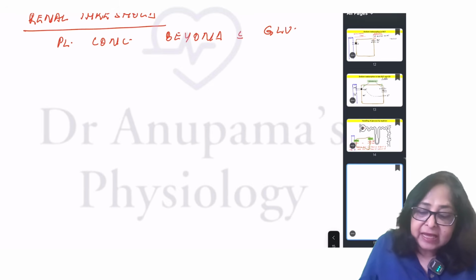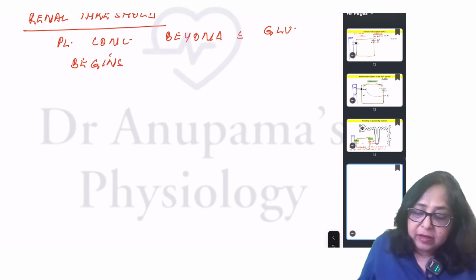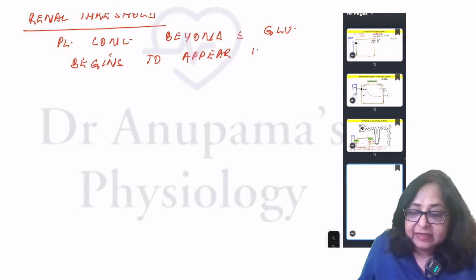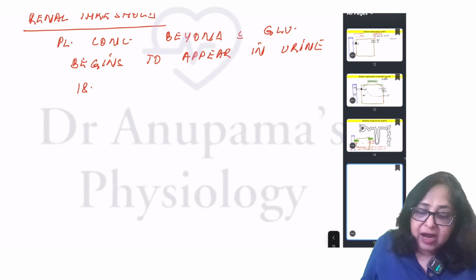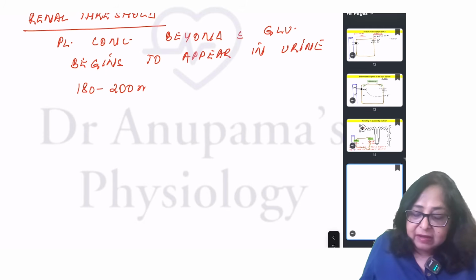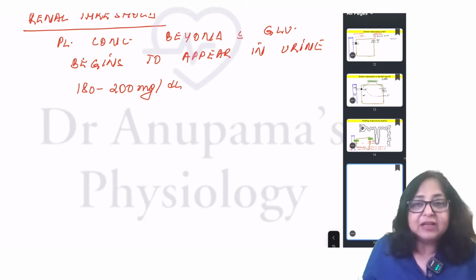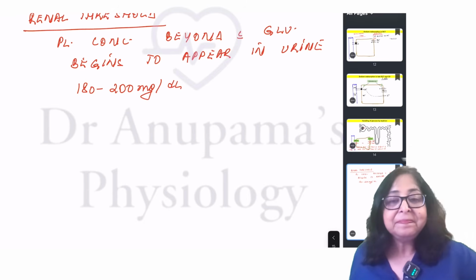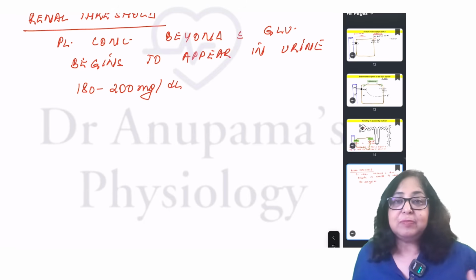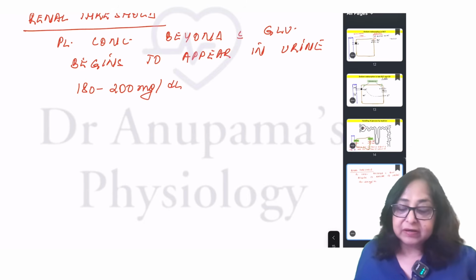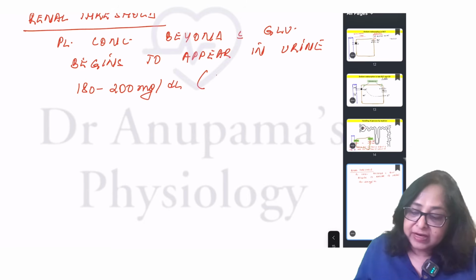And how much is the renal threshold? In terms of milligrams per deciliter, this is 180 to 200 milligrams per deciliter. That means if the plasma glucose is more than 180, then it is possible that glucose will begin to appear in the urine, or you can also write it as 2 milligrams per ml.